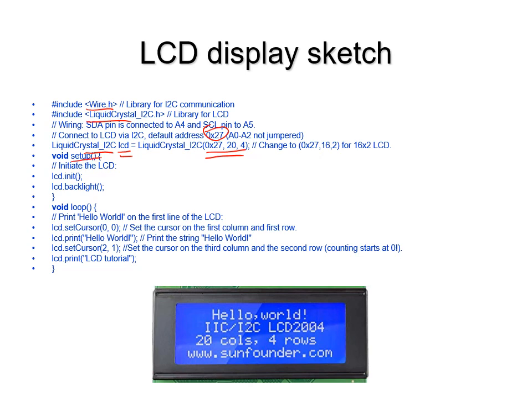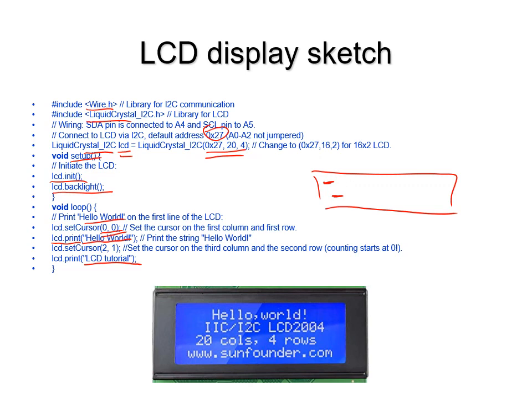And for the setup function, you initialize the LCD and set the backlight, and you print the hello world. Okay, you just issue the LCD print command. Before you do that, you should set the cursor. Okay, because the cursor means the position where you are going to print. And after you print out hello world, you jump to the 2-1 position and then print the LCD tutorial.